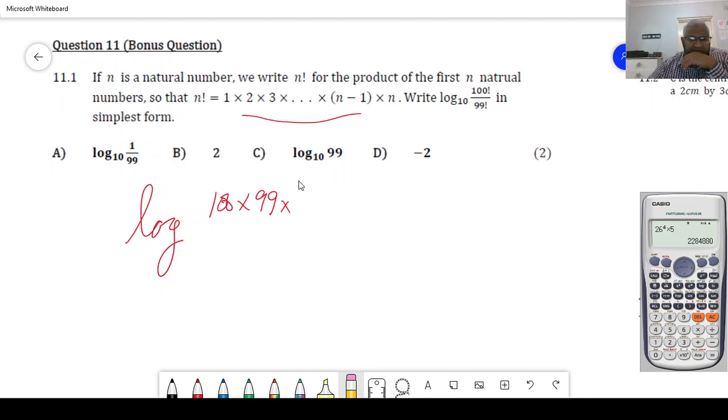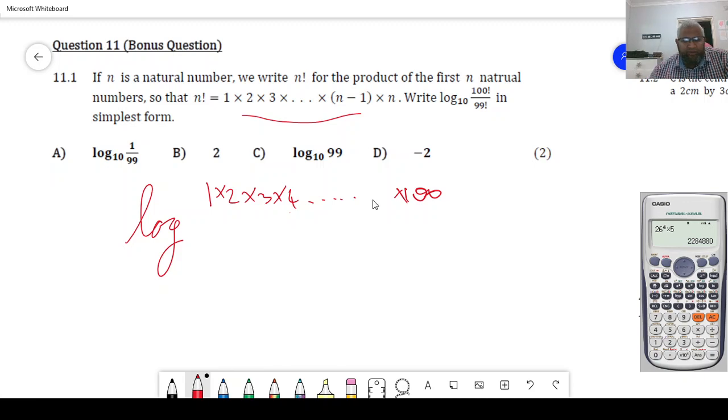So they start at 1, 2, 3 and go all the way up to 100.